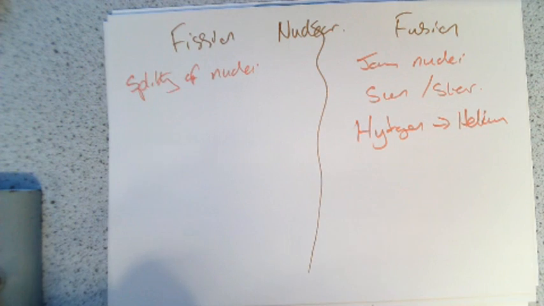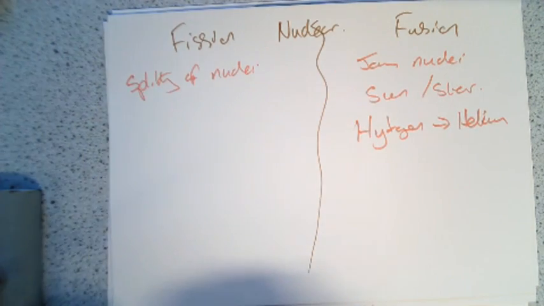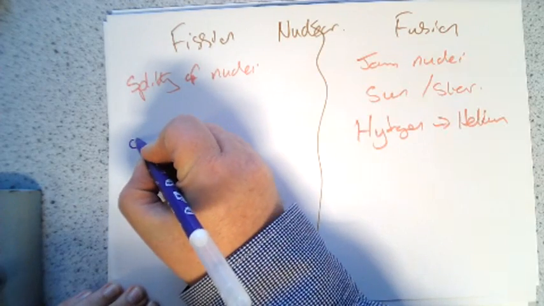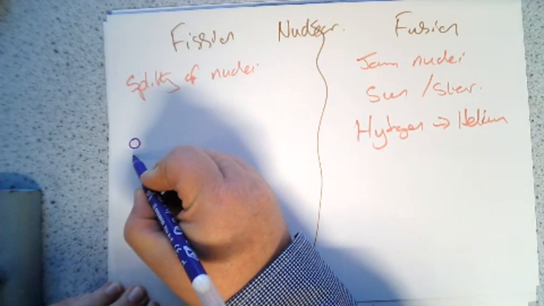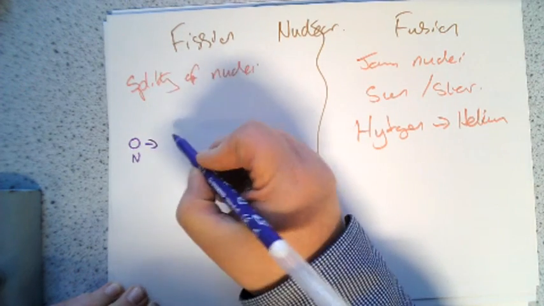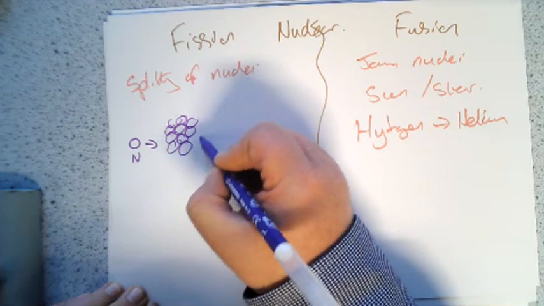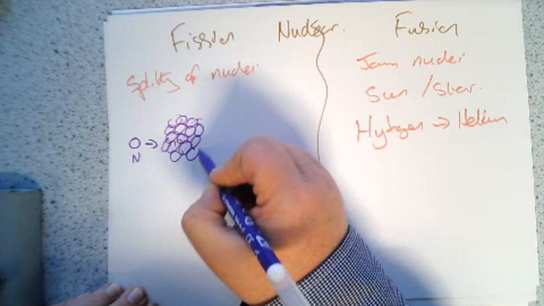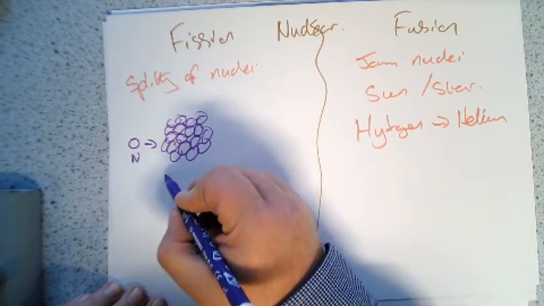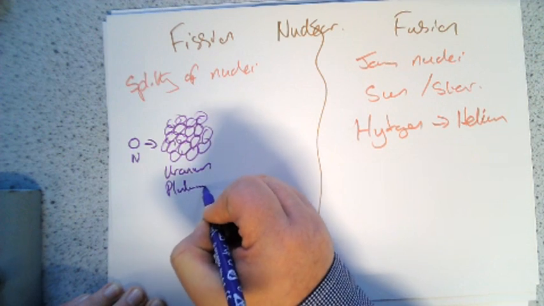Whereas with nuclear fission, we need to know how that actually happens. And how that happens, simple diagram, we have a neutron, I'm going to put there an N for neutron, which is fired at an unstable large nucleus. Now, you need to remember that these are potentially going to be uranium or plutonium.